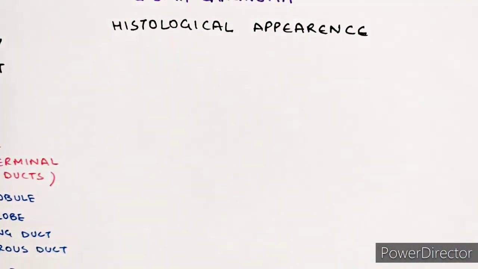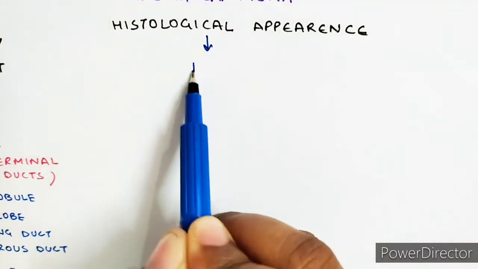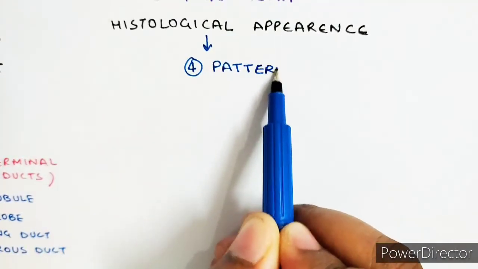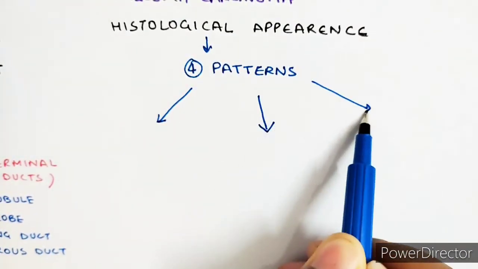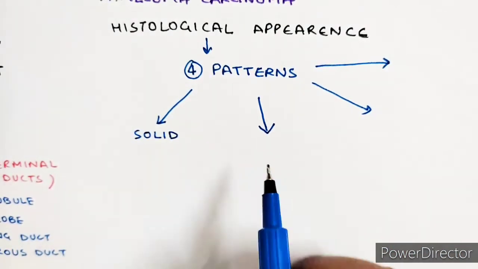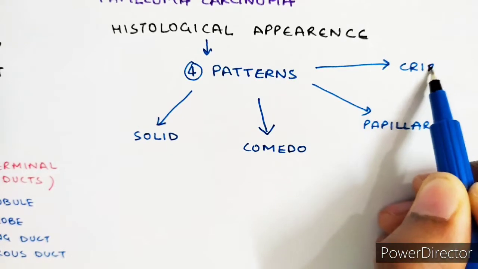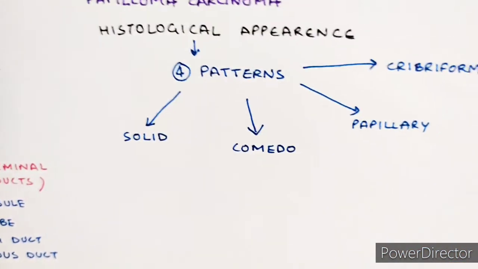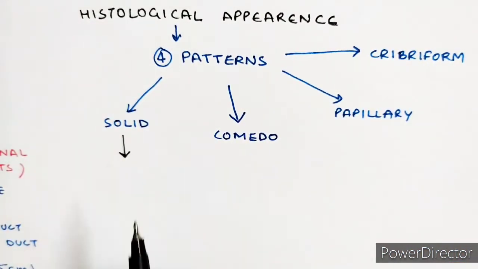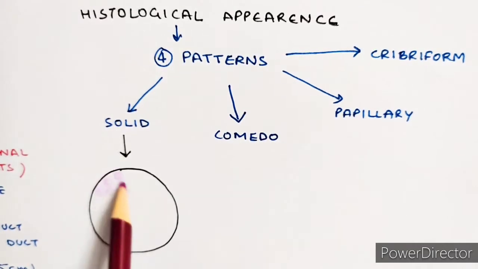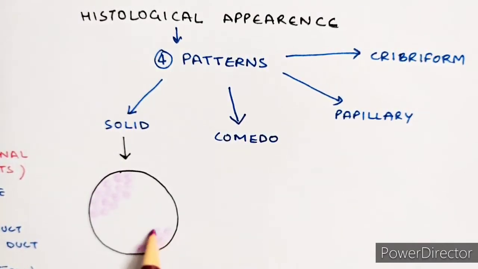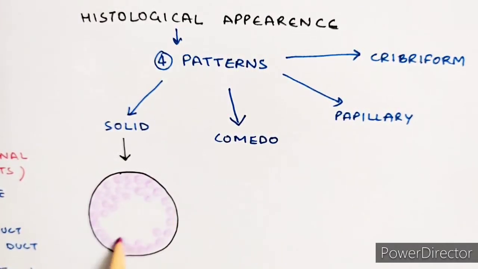Now, if we talk about the histological appearance, there are 4 patterns seen. First is solid, second comedo, third papillary, and fourth cribriform. So in solid pattern, the tumor cells fill the whole of the lumen.